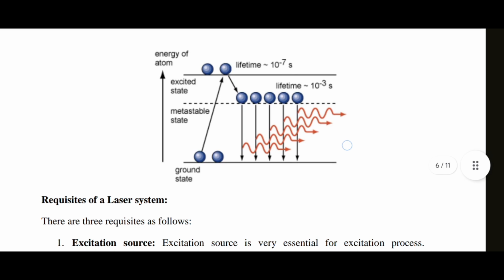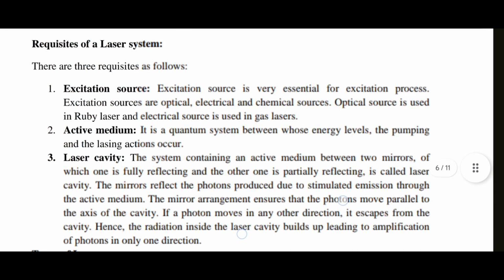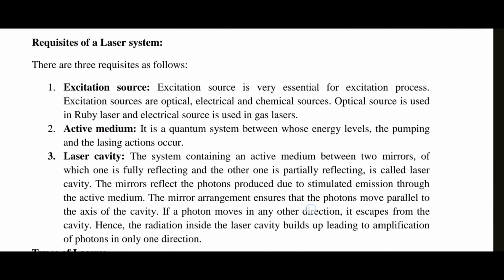The requisites for a laser system. There are three requisites. Excitation source: it is essential for the excitation process, namely optical, electrical and chemical sources. Active medium: a quantum system between whose energy levels pumping action and laser action occur. Laser cavity: the system containing an active medium with two mirrors, one fully reflecting and the other partially reflecting.